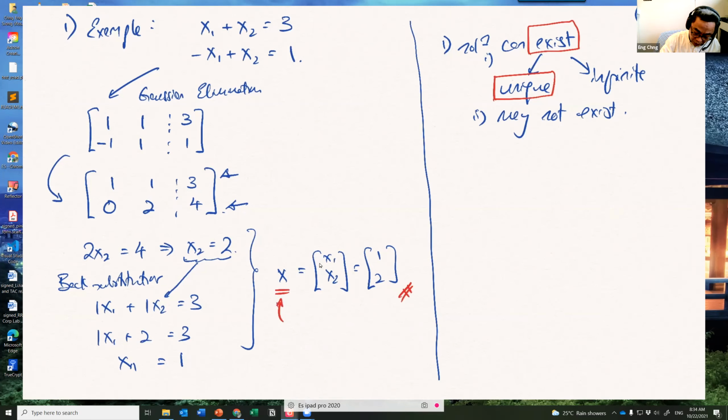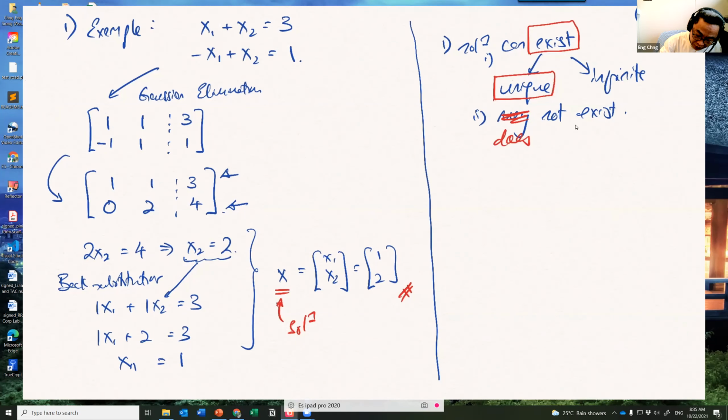So we call this the solution. And only this solution satisfies this equation. So it exists and it is unique. All right, so we need you to understand all this terminology in this course. And then later on, we will give you extra equations so that the solution may or may not exist. Yeah, does not exist. Okay.